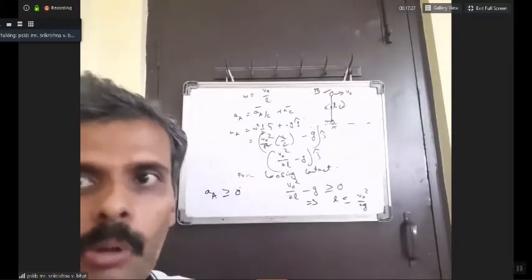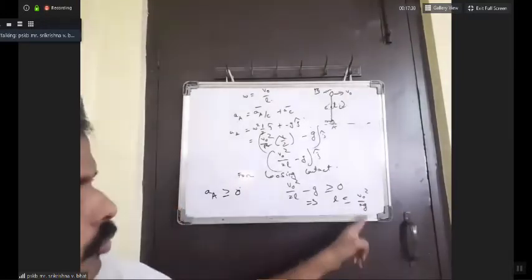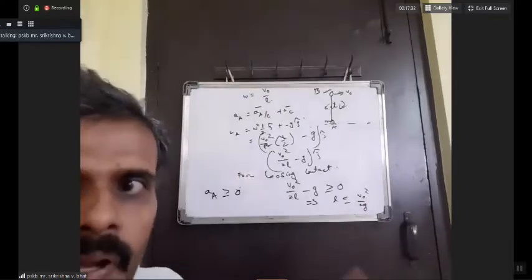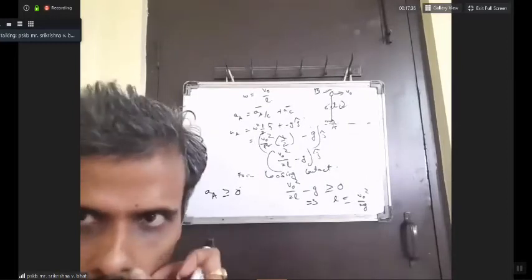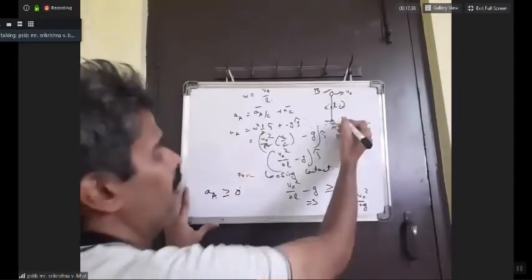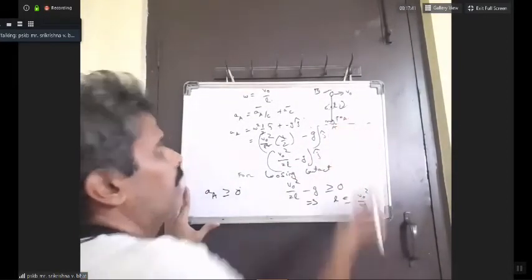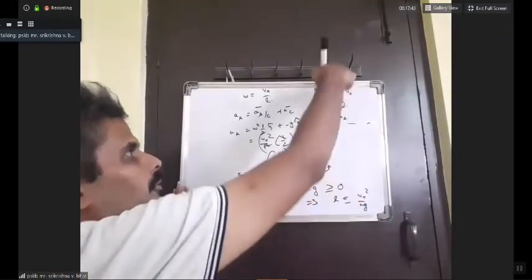Okay, of course, equal to 0 is the limiting case, which we got as V0 square by 2g. But yes, the fact is that it should be greater than or equal to 0. So you can do that by considering that A may be having some acceleration a. Then you should take into account the pseudo force on this mass downwards.